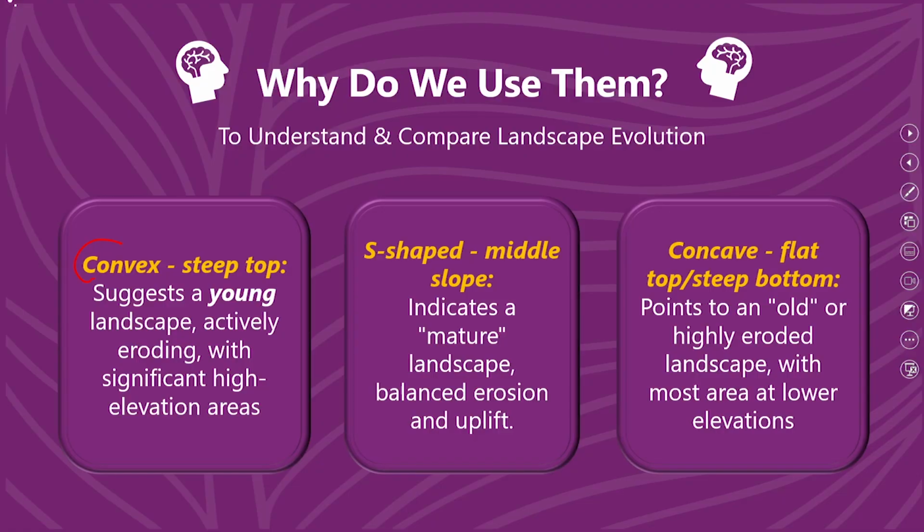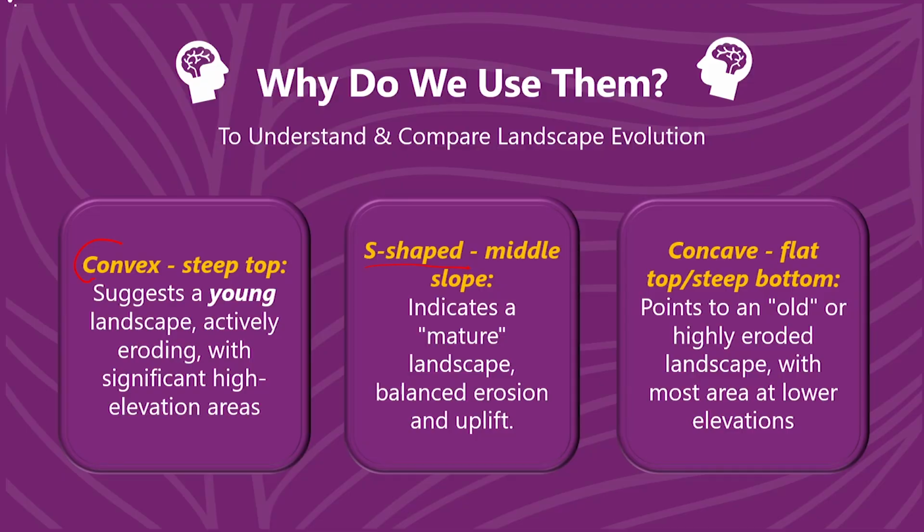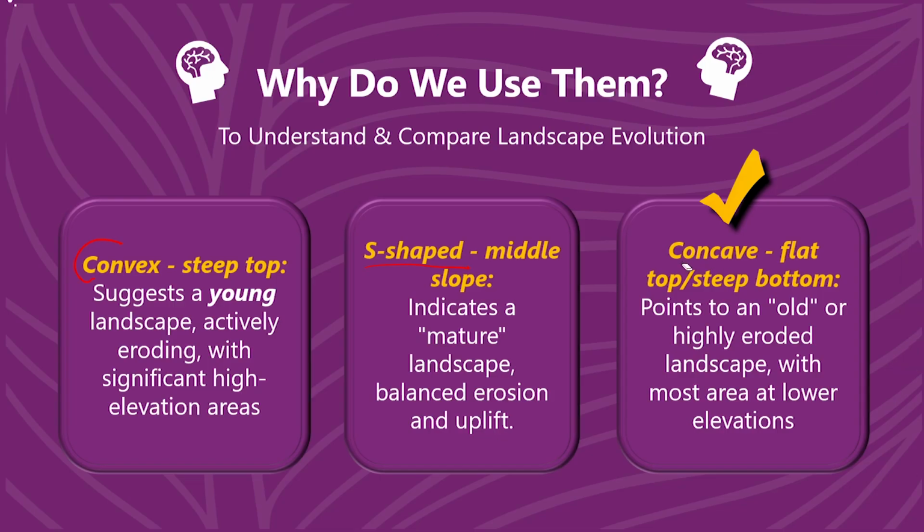In the second case, the curve takes an S shape, and this indicates that the slope is mature. There is a balance between erosion as well as uplift. Now, we move on to the concave, or flat top and steep bottom, case.